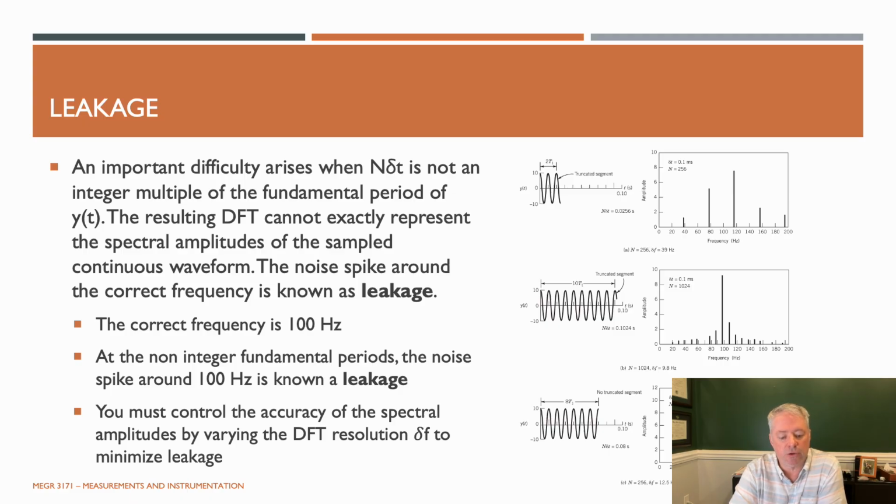And this makes it difficult to determine the exact amplitude of the original signal's frequency component. The DFT resolution, that delta F, can be adjusted to minimize this effect, but it's important to understand why it happens in the first place.